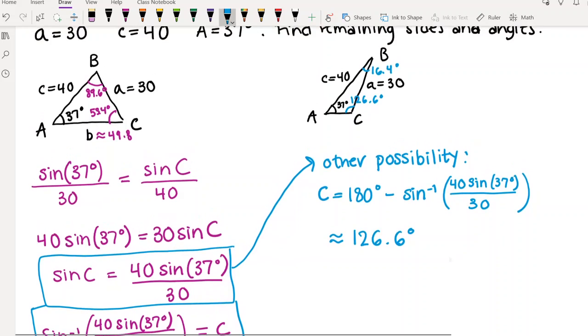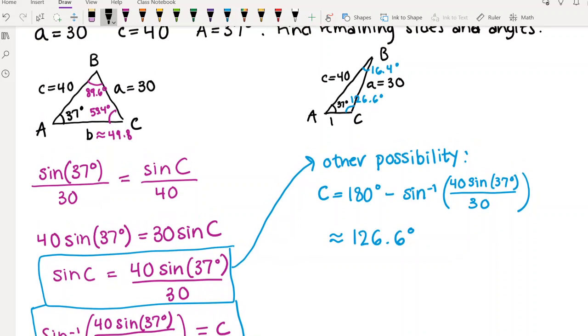And so how would we find side length B in this case? Well, now we can use the law of sines again.